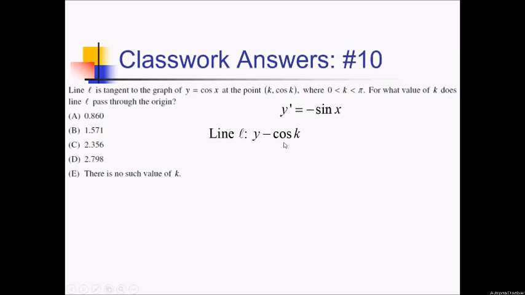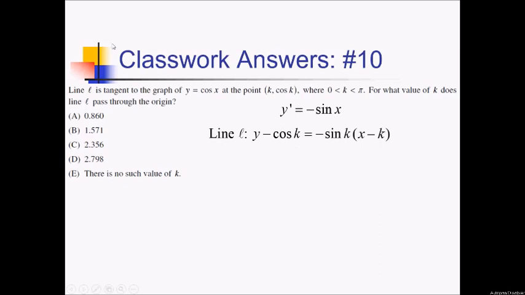So y minus k, cosine of k, that's going to be the y minus y1 when we write out our tangent line. We've got negative sine of k for the slope, and then we'll have this times x minus the x value k. So this is just point slope form here.